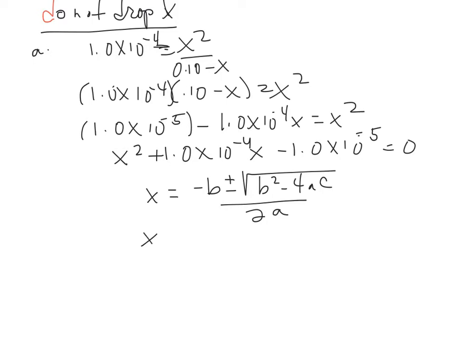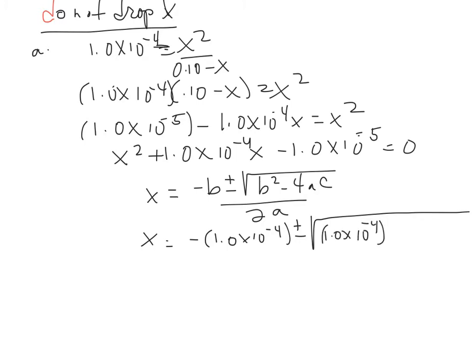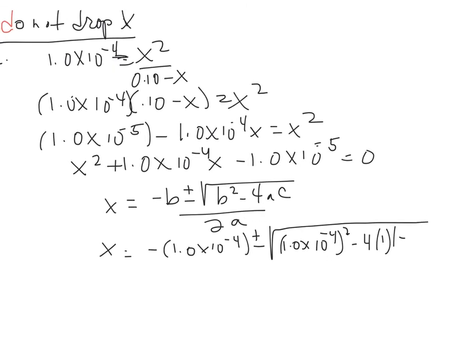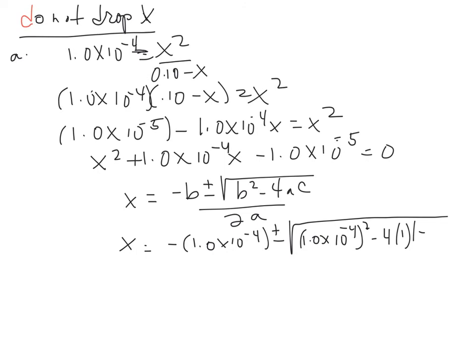We're going to plug in x is equal to negative 1.0 times 10 to the minus 4 plus or minus the square root of 1.0 times 10 to the minus 4 squared minus 4 times 1 times c, which is negative 1.0 times 10 to the minus 5.